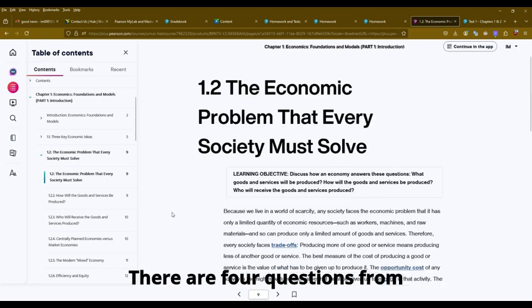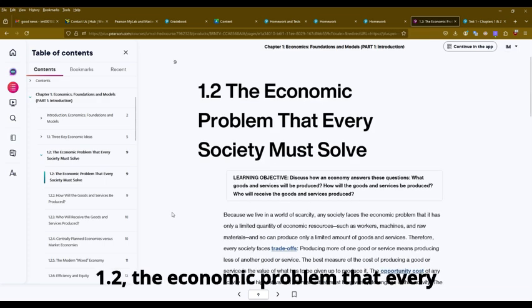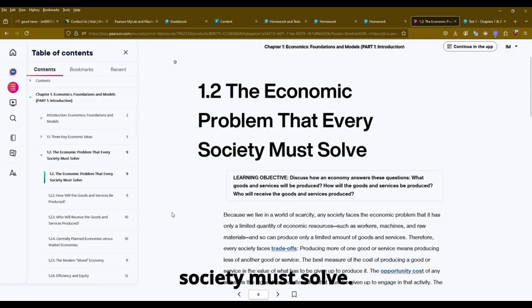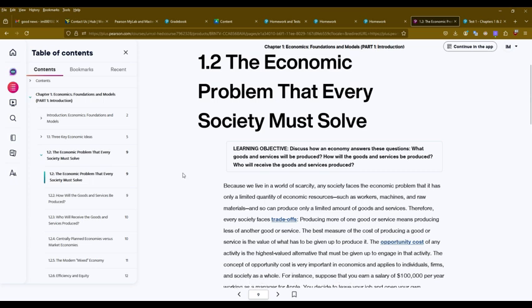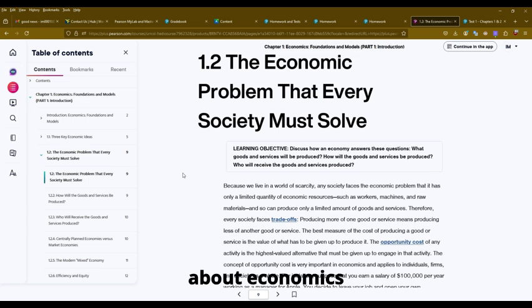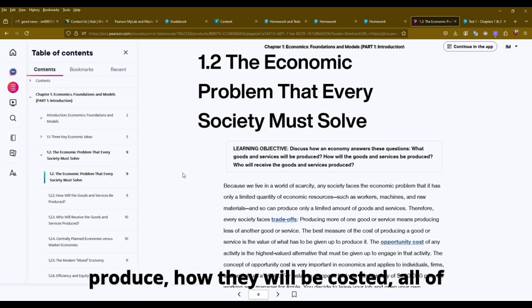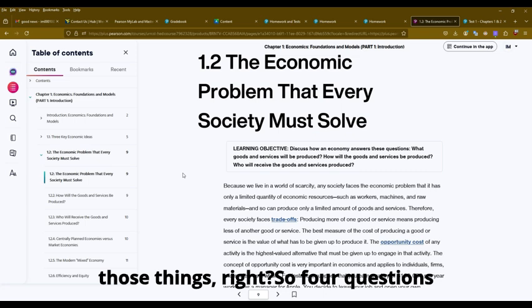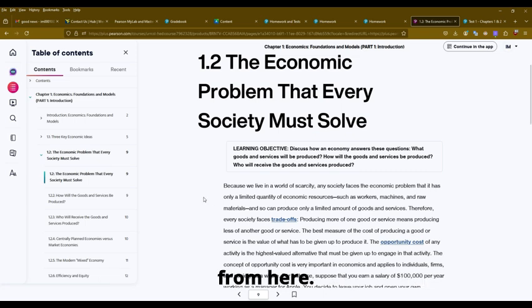There are 4 questions from 1.2, the economic problem that every society must solve. So talking about how we make decisions about economics in our free market society, how we decide what to produce, how they will be costed, all of those things, right? So 4 questions from here.